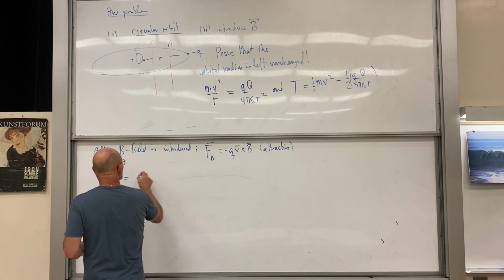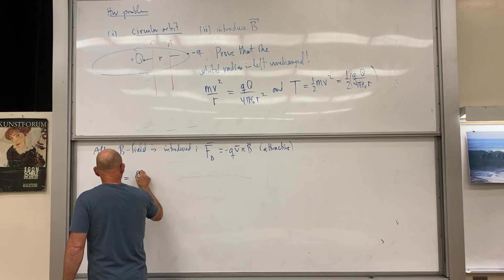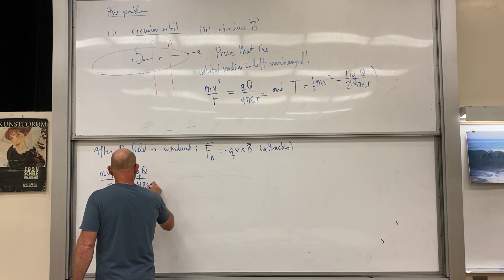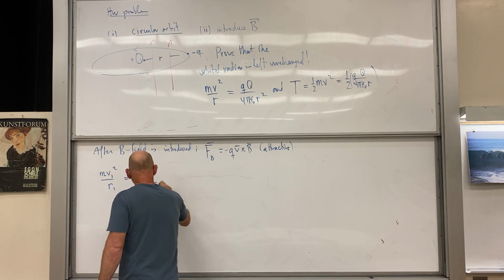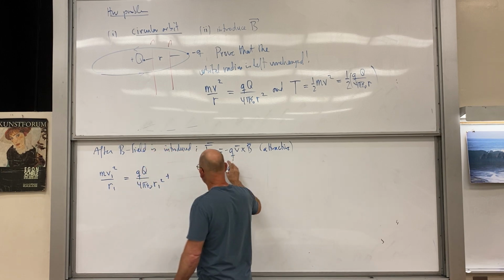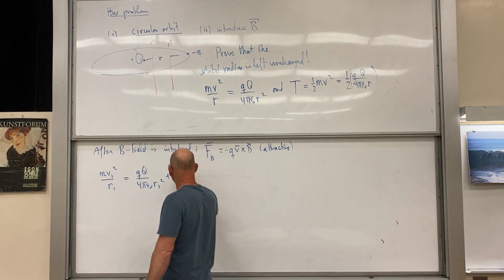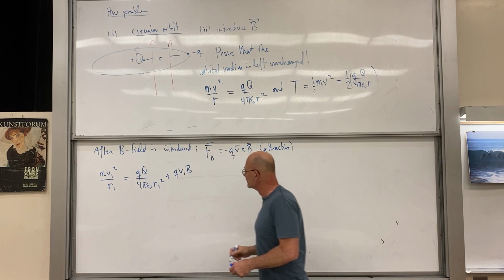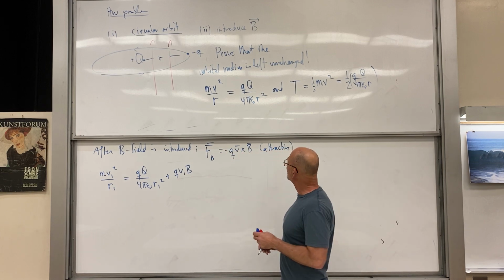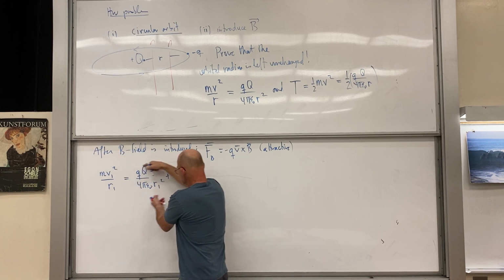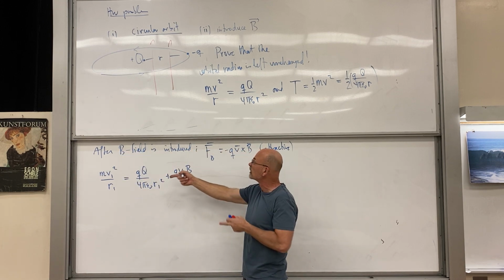So now we have QQ over 4 pi epsilon naught R1 squared plus this, since we're just looking at the magnitude, Q V1 B. Okay. So that's the new force. Centripetal force, applied force, both of them pointing towards the center.